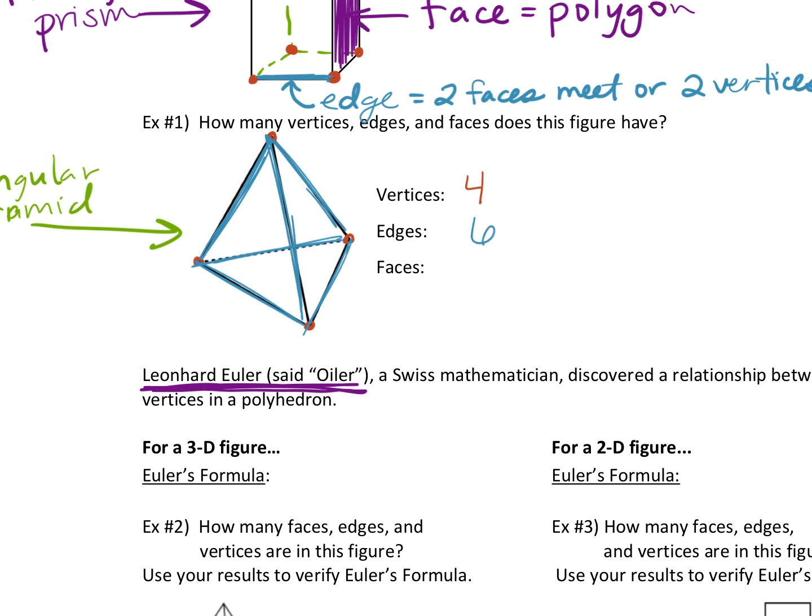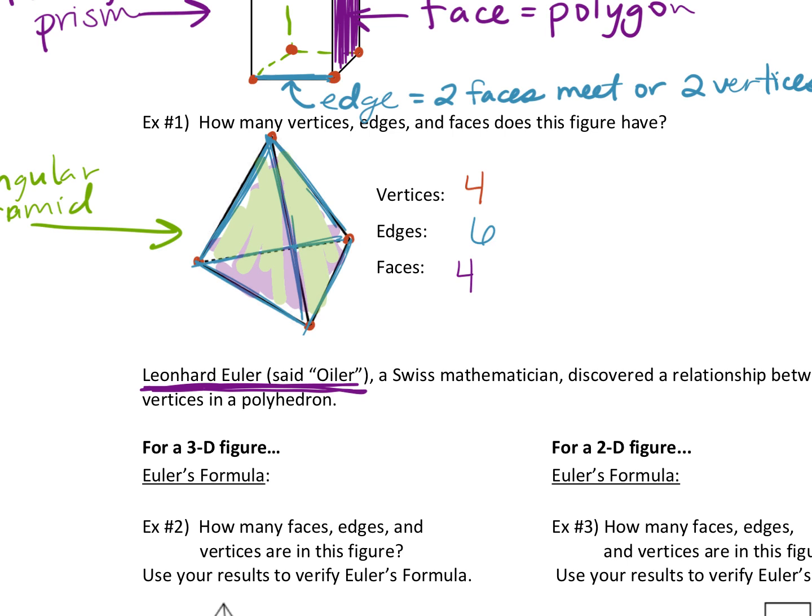Okay. How many faces does it have? 4. It's got a triangle on the bottom. It's got a triangle on the back. And then this is where it's kind of hard to show. It's got a triangle on the right side and a triangle on the left side, right? So there are 4 faces.